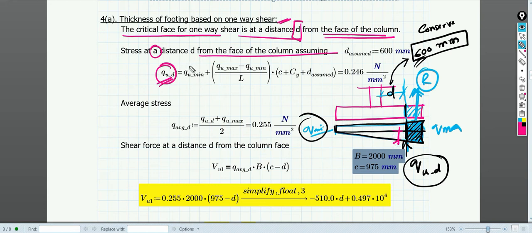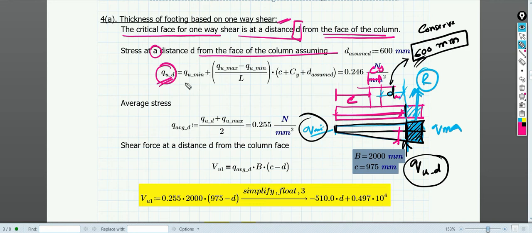So QU minimum plus (QU maximum minus QU minimum) by L into this distance. So what will be this distance? This is small c, this distance is c y, and d assumed, right? So this is the total distance.